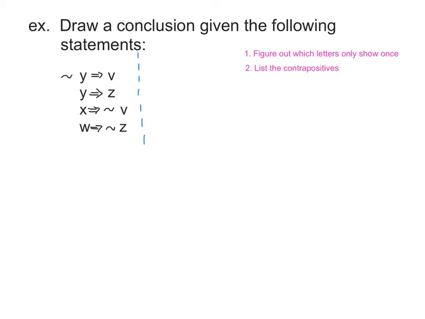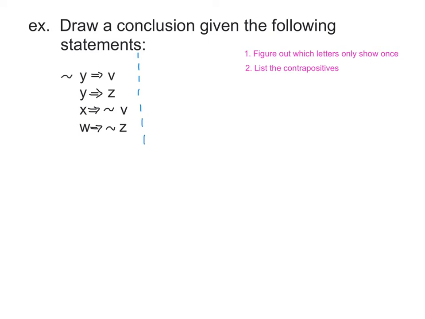Okay, so this leads me now to step 2. Step 2 is to list the contrapositives of each of these original statements. Why the contrapositives? Quickly remember that if these original statements are true, then the contrapositives are true as well. That is not true for the inverse and converse, so those are not options. It must be the contrapositives that we list out.